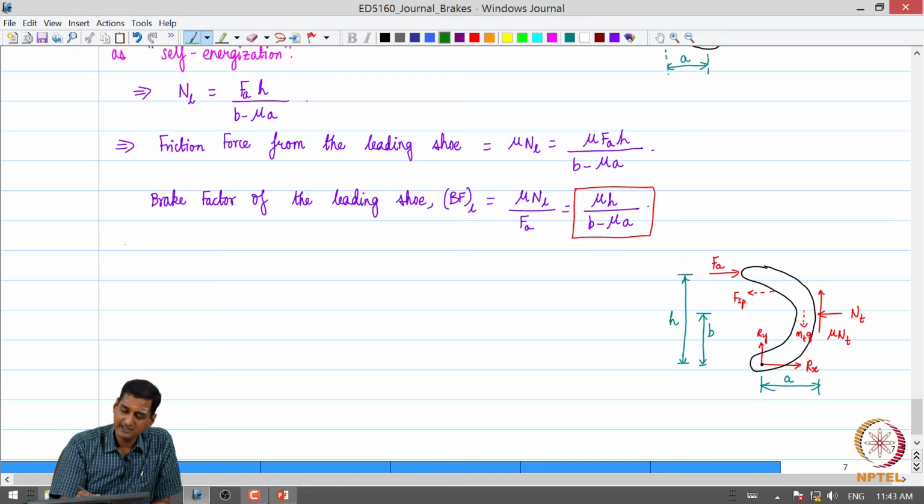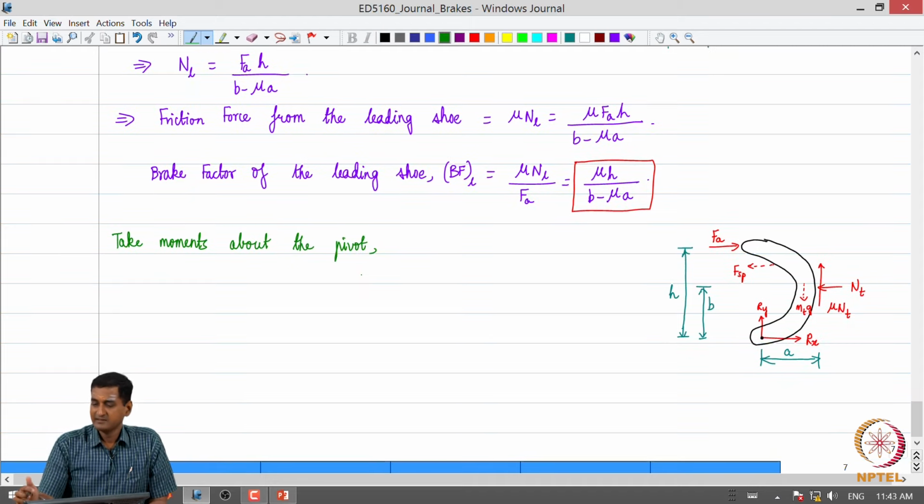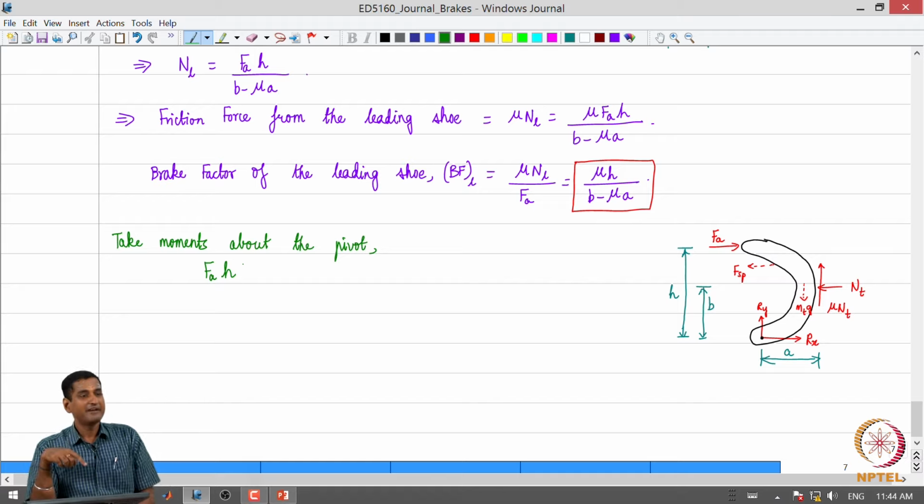Once again we take moments about the pivot, neglecting the inertial term. So, what do we obtain? About the pivot, I have FAH, that is going to be a clockwise torque. You can put a negative sign, or you can take it in this fashion.